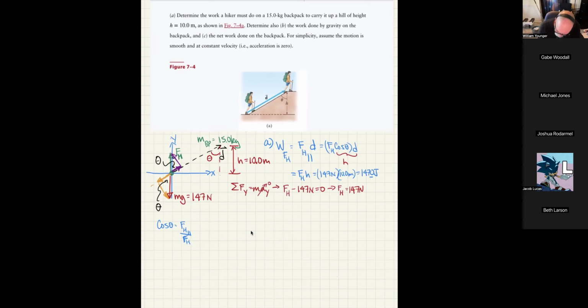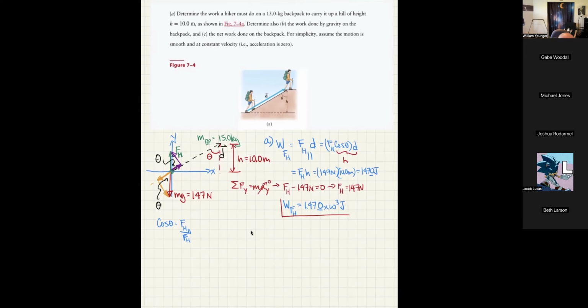I'm going to write this off to the side: the work done by the hiker is equal to 1.47 times 10 to the third joules, and I'll circle that and put the A next to it so we know that was the answer to part A.